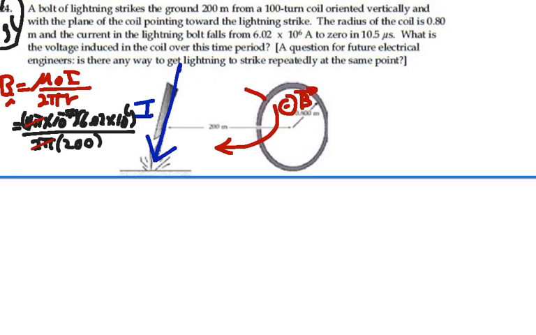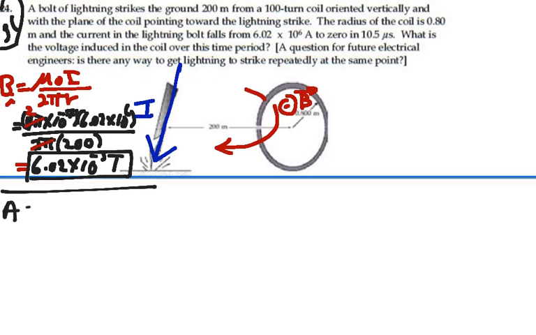So this is going to be equal to 6.02 times 10 to the minus 3 Tesla. And that will be the magnetic field at that point.